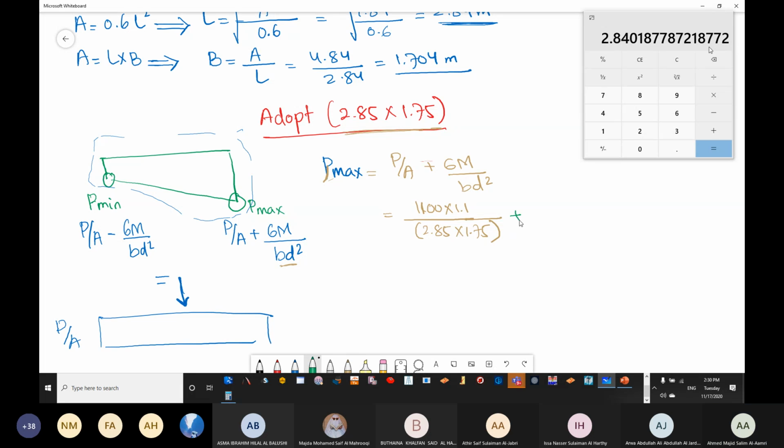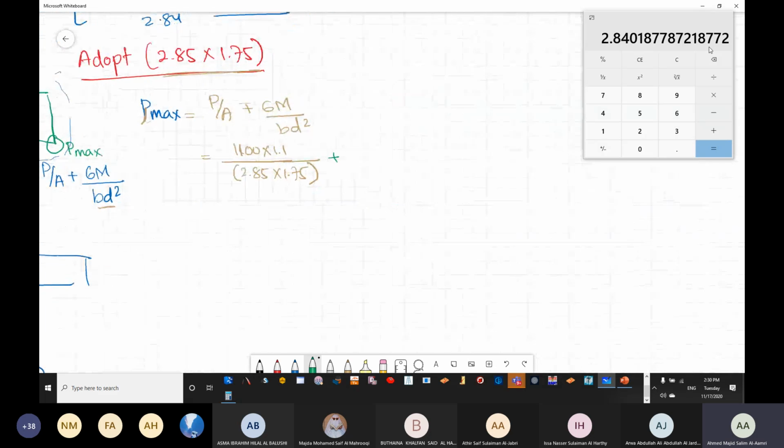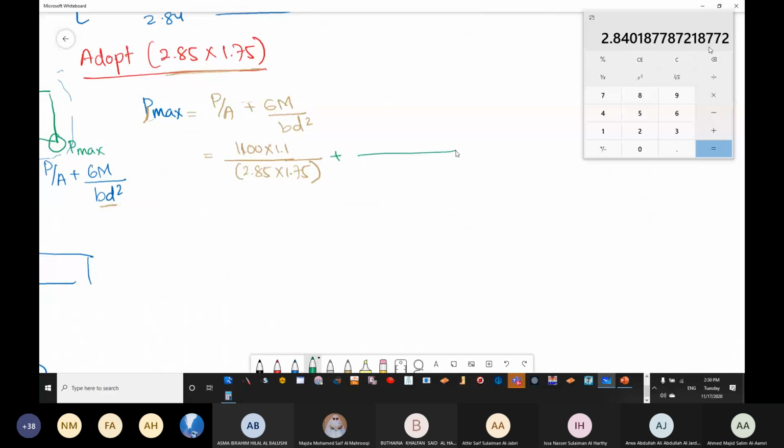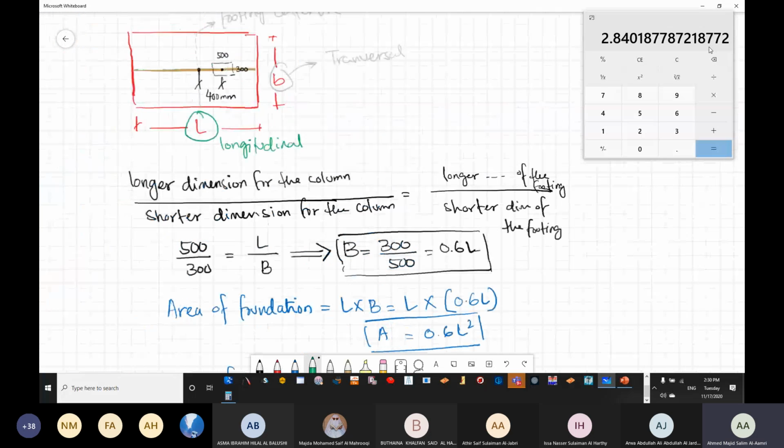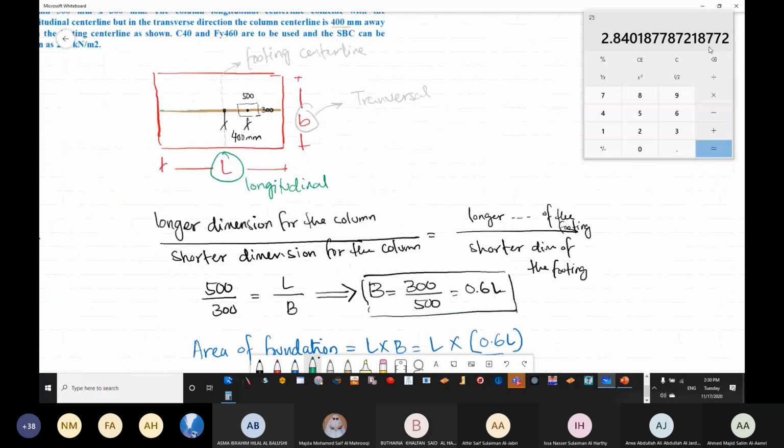The second part is 6M divided by BD square. So we need to multiply 6 by the moment. Unfortunately, here we don't have a ready moment. What do we have? Loading here. The value of the loading is equal to 1100 kilonewton, and the center line is available here. The difference between these two is 400 mm or 0.4 meter.